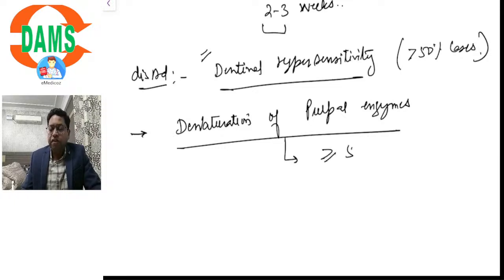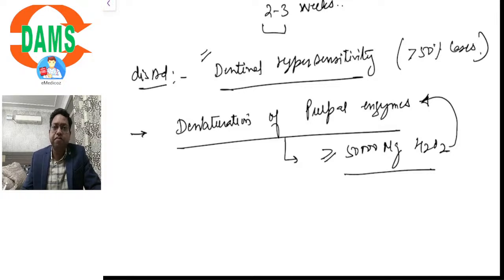So greater than or equal to 50,000 micrograms of hydrogen peroxide, if it penetrates into the pulpal surface, would cause denaturation of pulpal enzymes. That's why limited application is desirable.